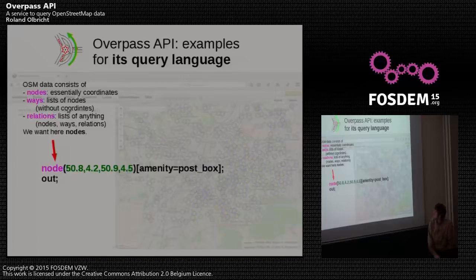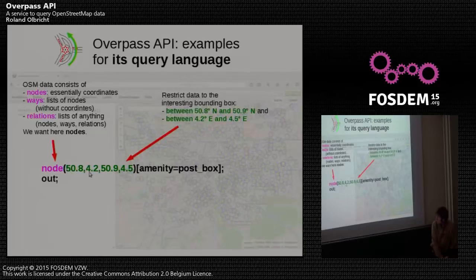It's something that's often vexing for people, but it's just the way it was decided about 10 years ago. And relations, which are essentially lists of anything: nodes, ways, or relations. In the case of the post boxes, it's quite easy because they have no spatial extent. We can be sure that these are nodes. This can't be ways or relations. So we only need to choose nodes.